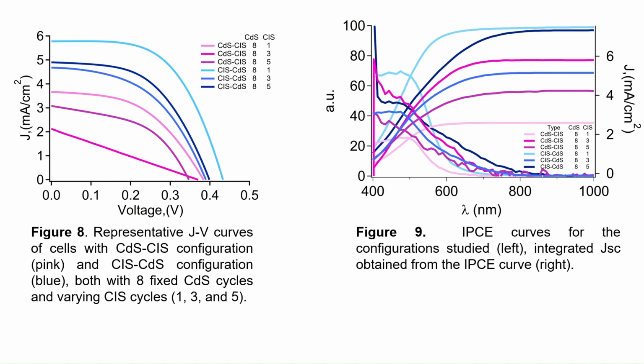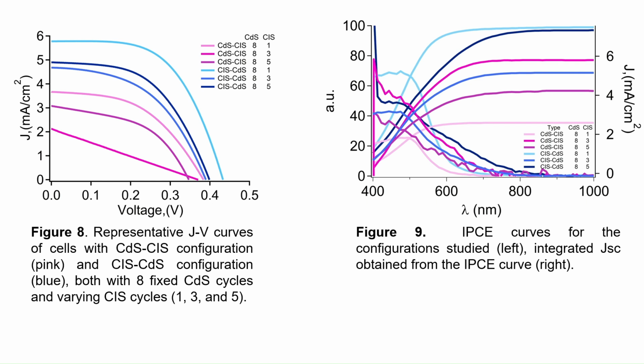But in the end, this extra absorption is not reflected in the current. On the contrary, which means that there were more losses than were gained by this absorption. Then it is increased to 5 cycles, in which it increases its external quantum efficiency and the absorption range compared to one cycle, so it absorbs enough light to overcome these losses and the current rises, but does not reach the first sample.